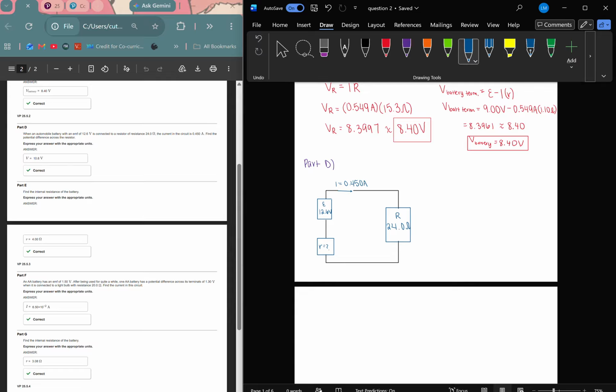Basically this problem gives me the electromotive force of the battery, the external resistor, and the current flowing in the circuit, but we just don't know the small r, and I think that's later on.